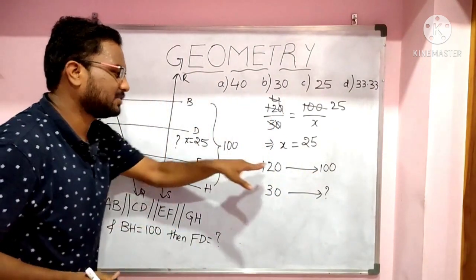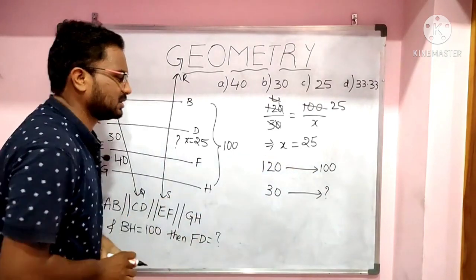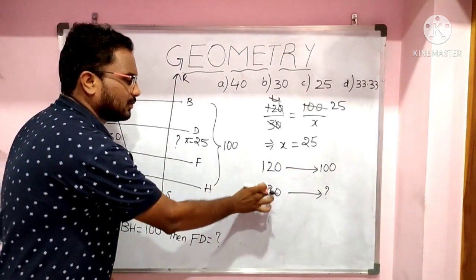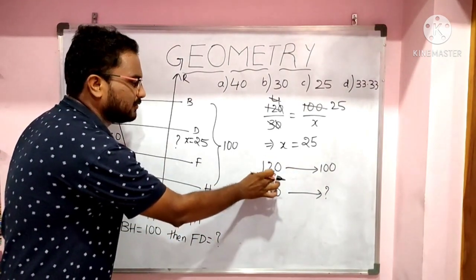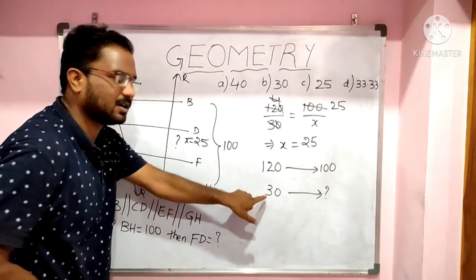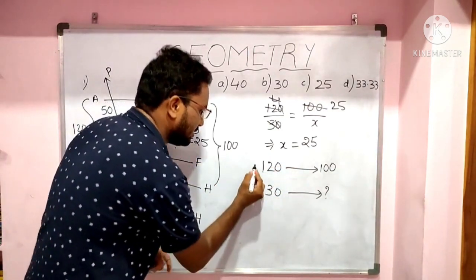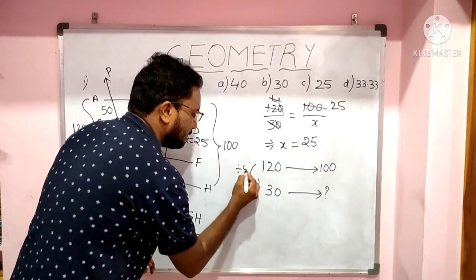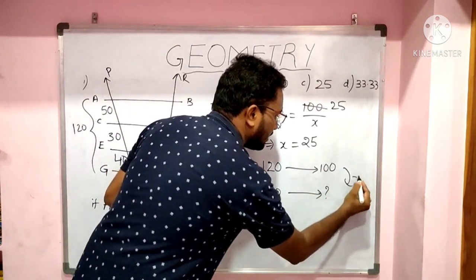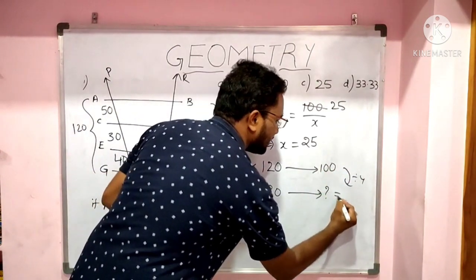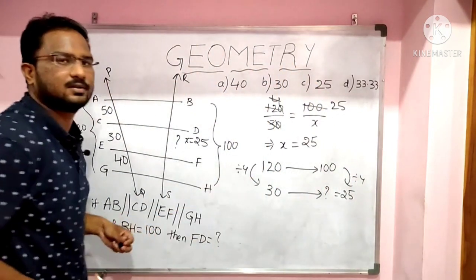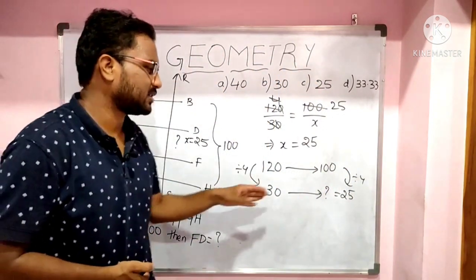If 120 becomes 100, then 30 becomes how much? From 120 you get 30 by dividing by 4, so here we also divide by 4. So 100 divided by 4, answer 25. This is the faster approach.